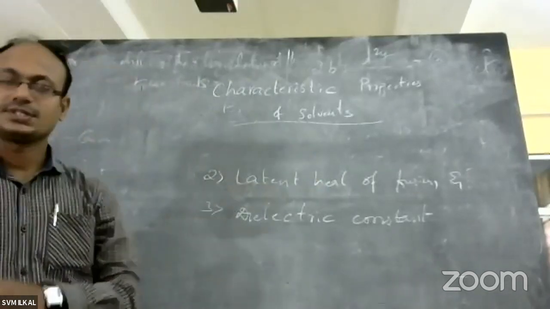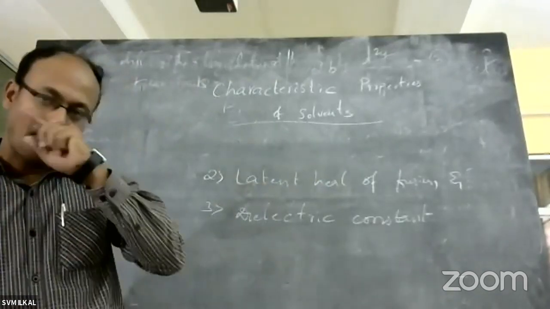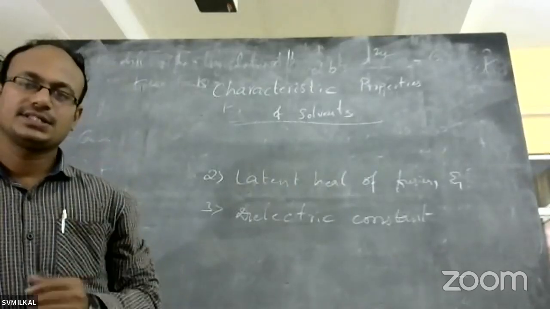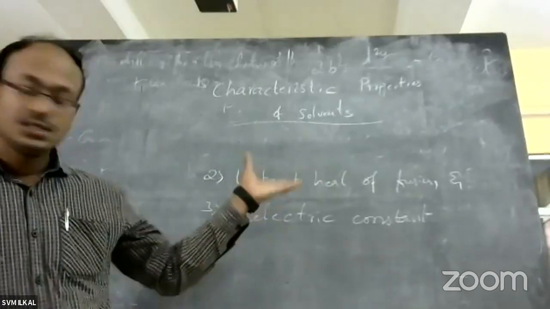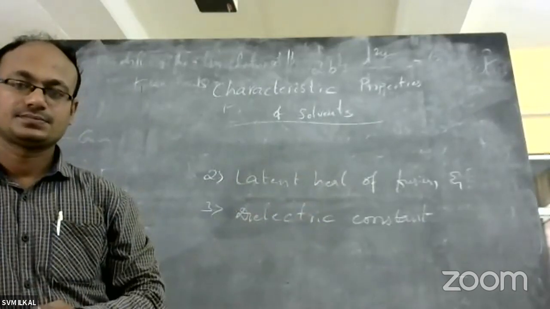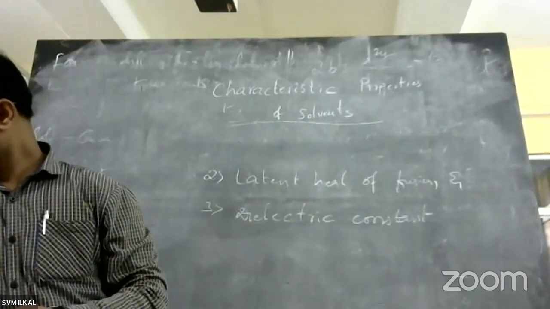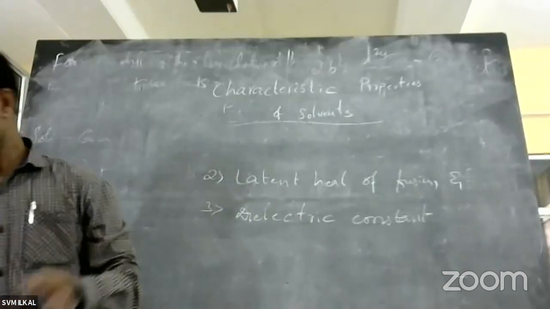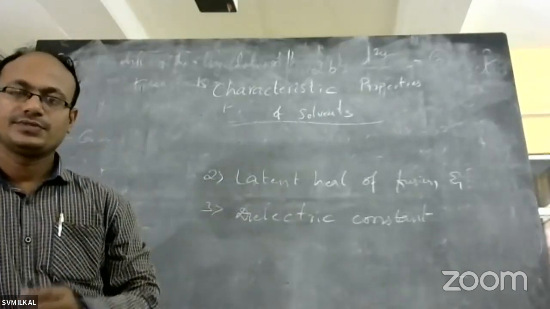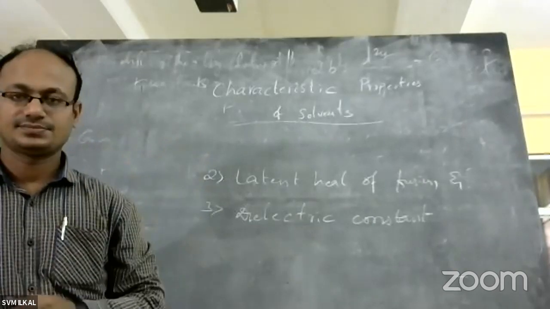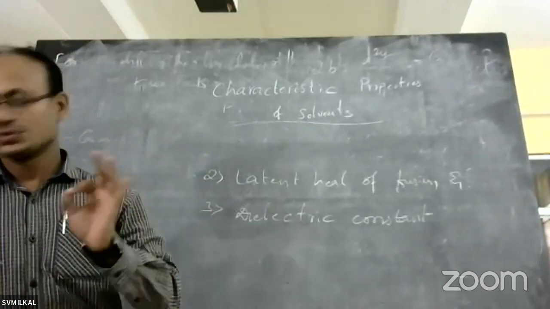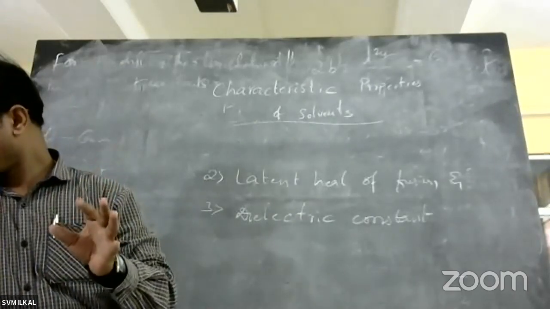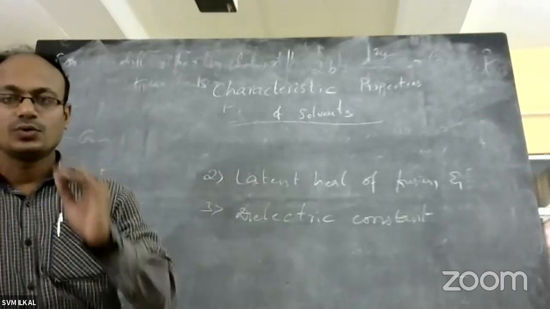dielectric constant. So this also comes under the characteristic nature of the solvent. So what exactly is this characteristic nature, that is the dielectric constant? Now see, solvents having a higher dielectric constant can act as better electrolytic solvents than those with a lower dielectric constant.